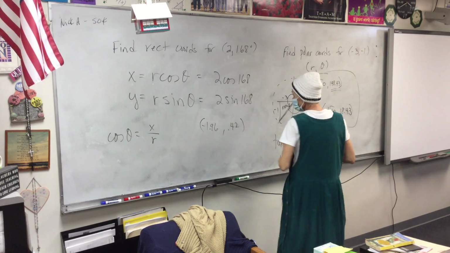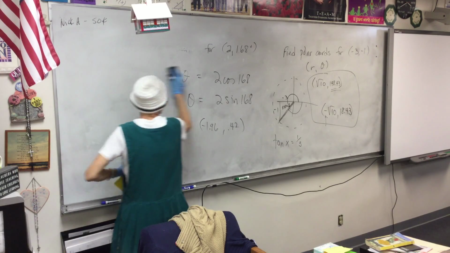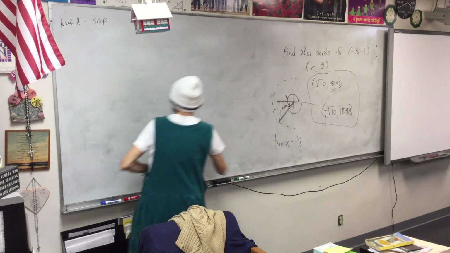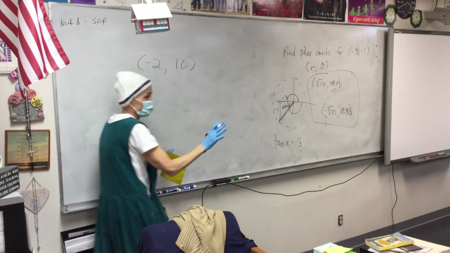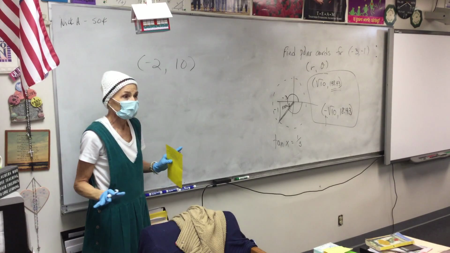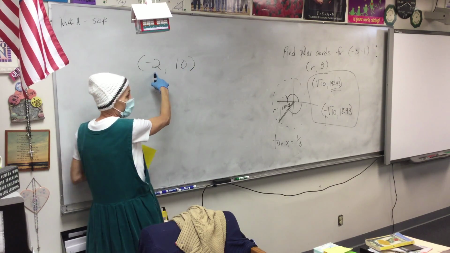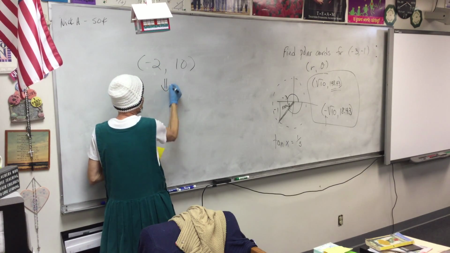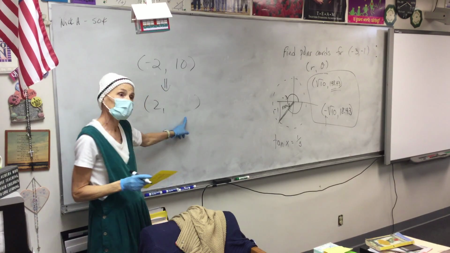So whenever you have a negative R value, it simply means that the actual vector is not on the angle it says. It's actually on the opposite angle. So you would not, well, you can't plot that, it's negative. This point would end up getting plotted with a positive 2, and what would be the angle?